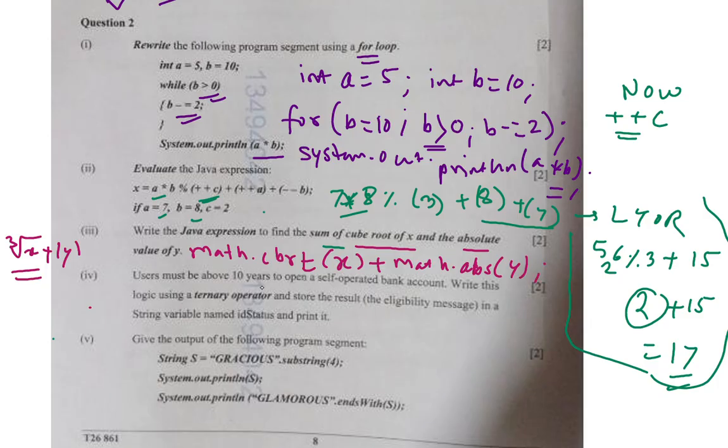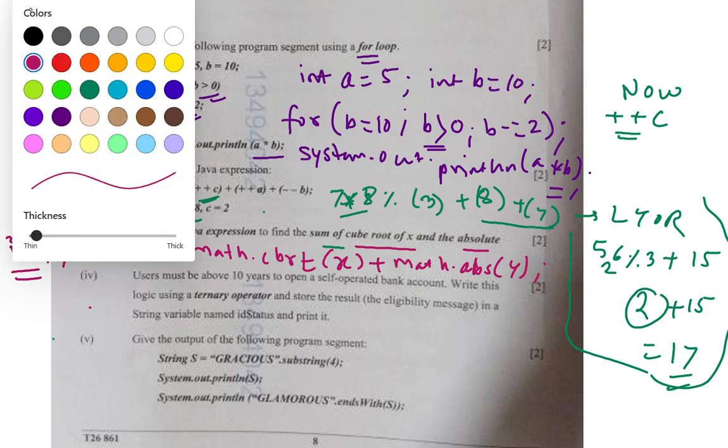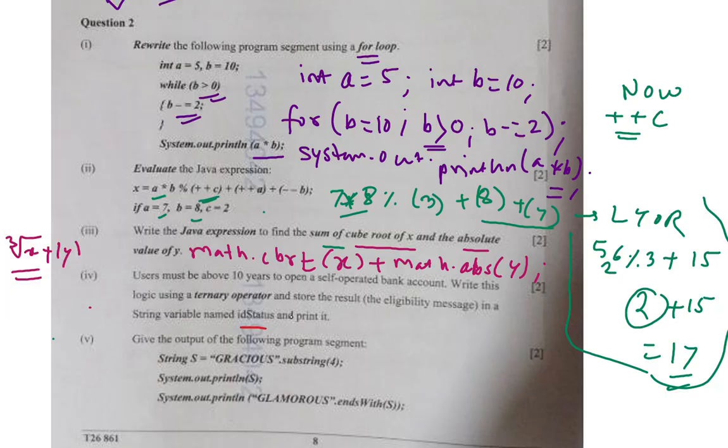So simple. Now users must be above 10 years to open a self-operated account. Write this logic using a ternary operator. Store the result message in a string variable named idStatus, and print it. So let me try to do it over here. There is a space crunch.